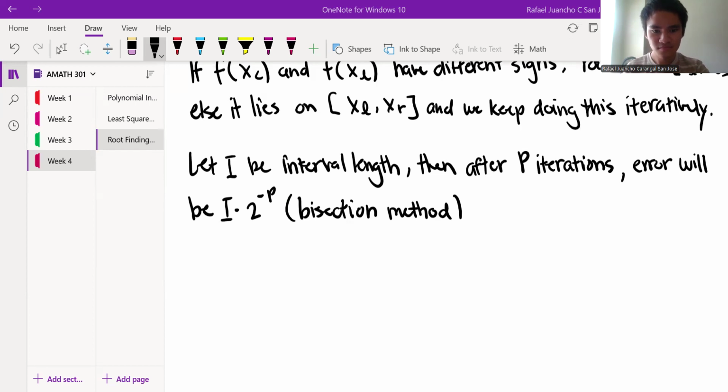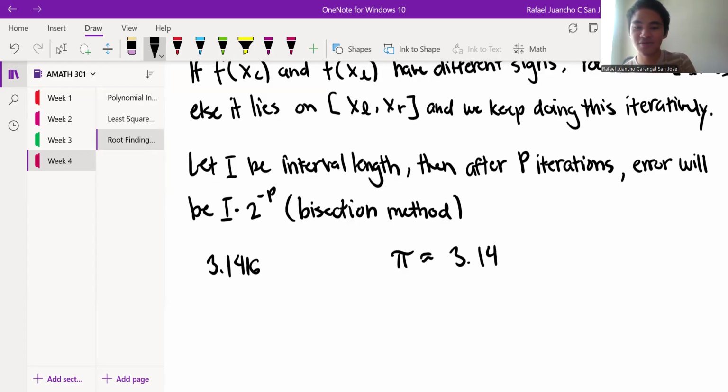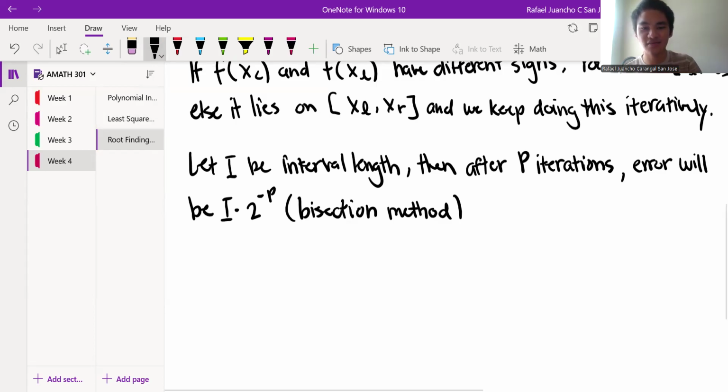And so, when we ended it, we ended up with 3.1416. Well, if you look at the actual number of pi, it goes 3.14159265 whatever. So my idea is that it hasn't reached that exact value of pi.